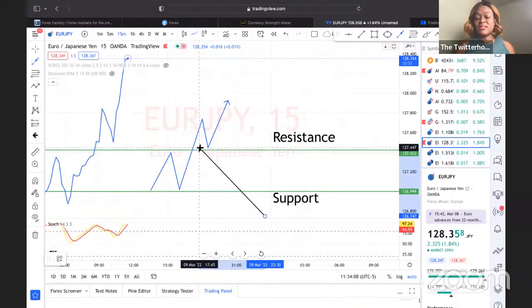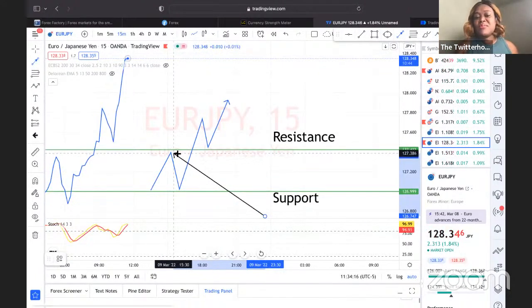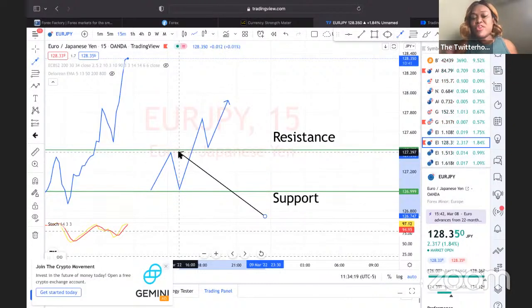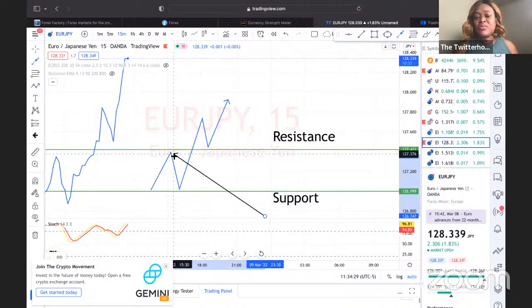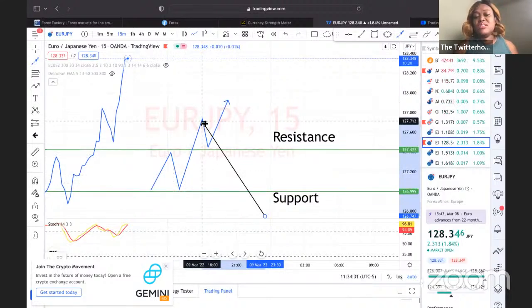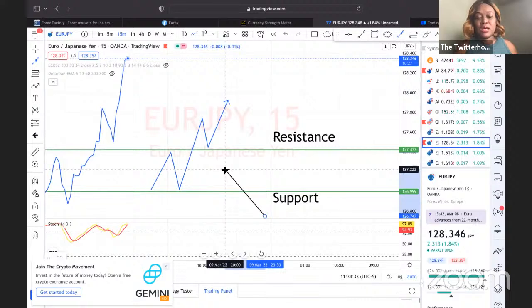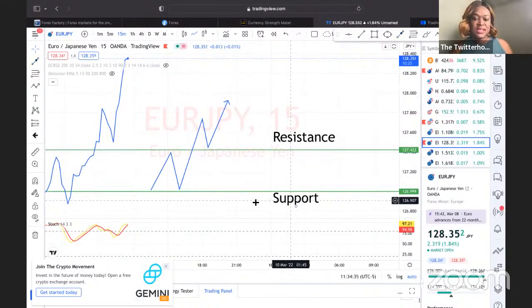When you're really, really skilled, you may be able to trade reversals or trade pullbacks, but we're not at that level. We're taking it easy. We're going to learn to wait for the breakout to get in. All right. So that's that.